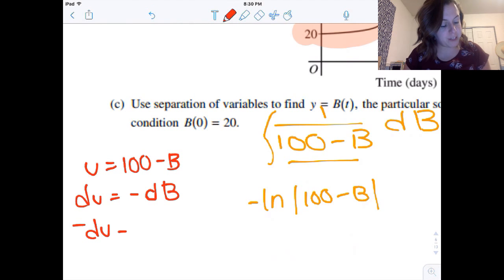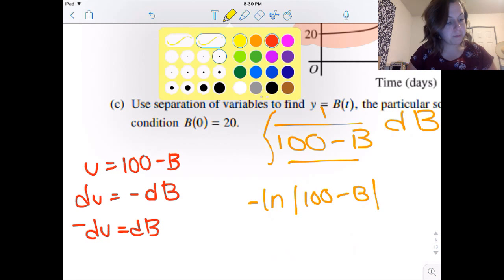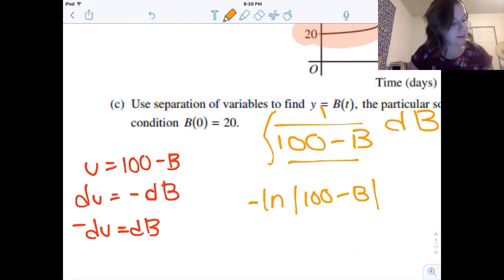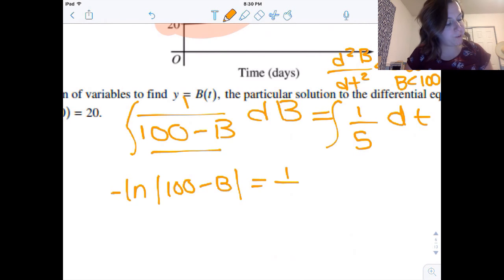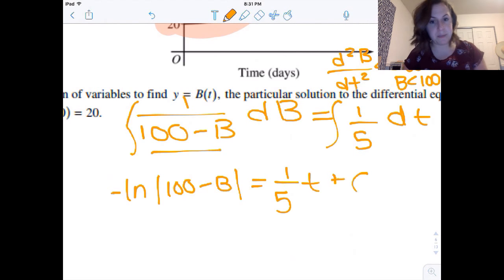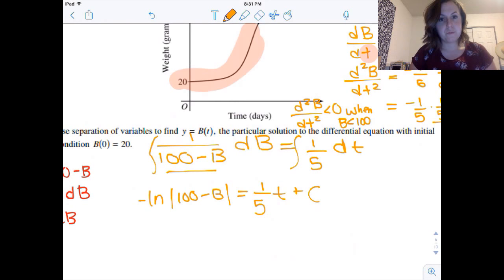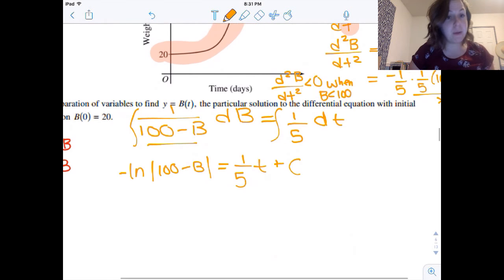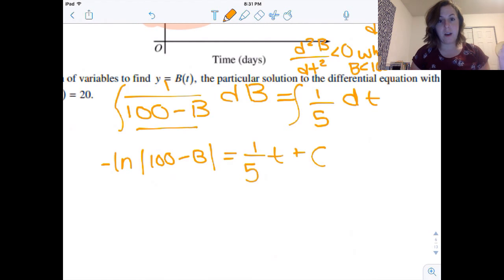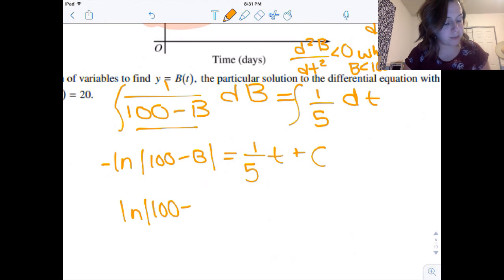So then I know that equals 1/5 t plus C. Now I'm going to solve for B. Again, I'm going to move that negative over to the other side just to make my life easier. So negative 1/5 t plus C. I'm going to make e the base of both sides.